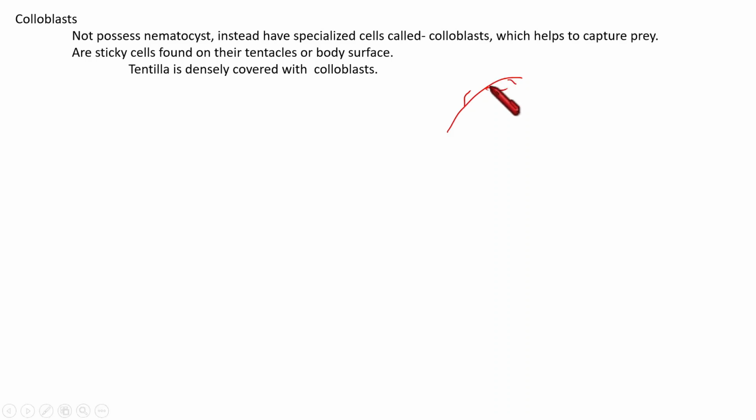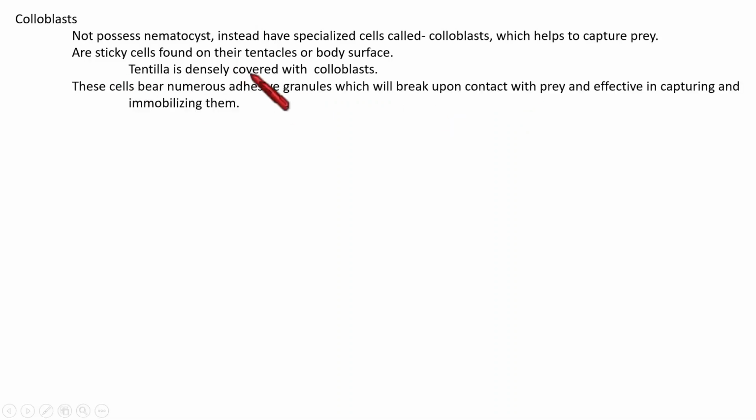These tentilla are densely studded with these coloblast cells. So that means it helps the tentacle to capture the prey, to trap the prey so tightly without freeing it.